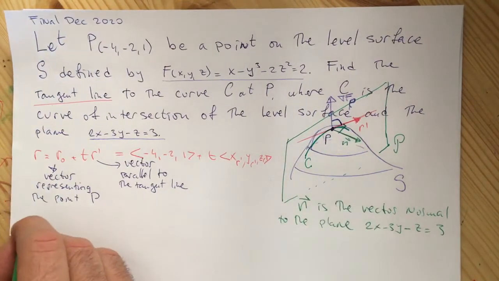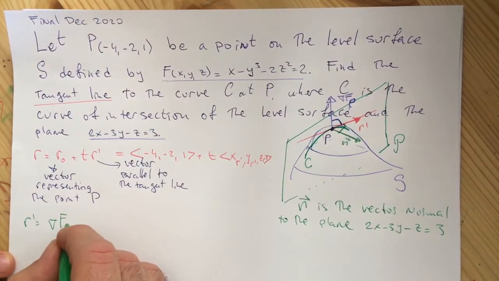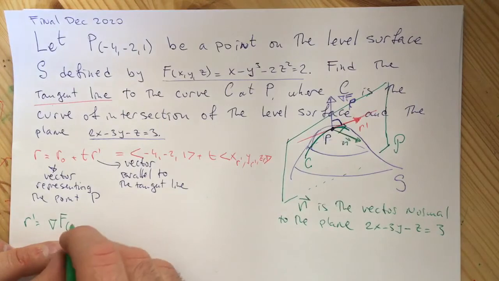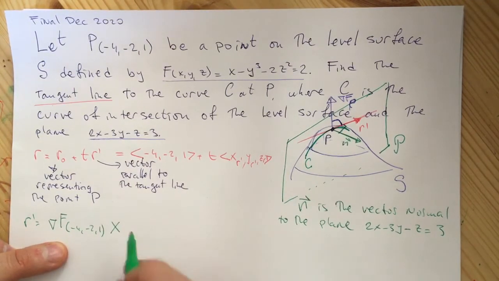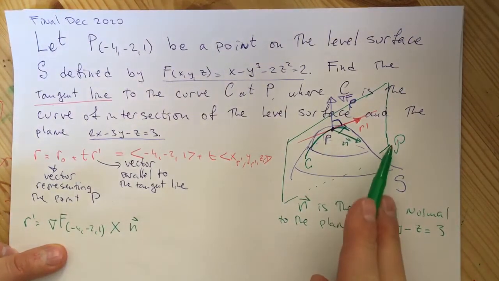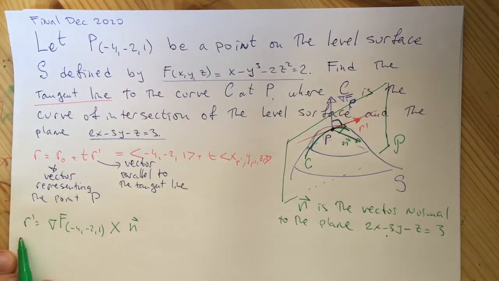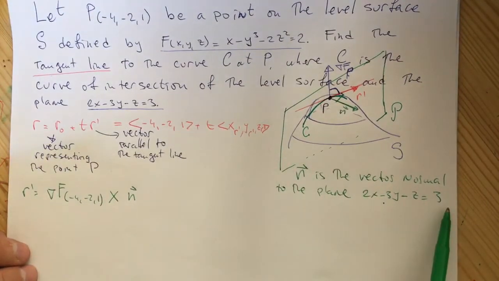Well, r prime is going to be equal to the gradient of f at the point -4, -2, 1, cross product the normal vector of the plane. Once we find r prime, we can just substitute it here and we're done.